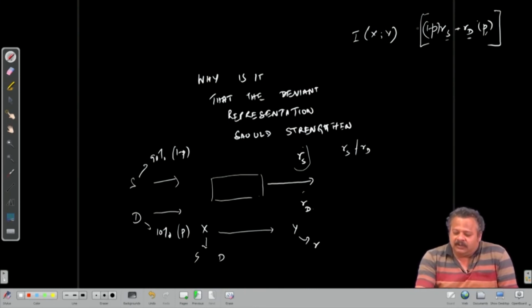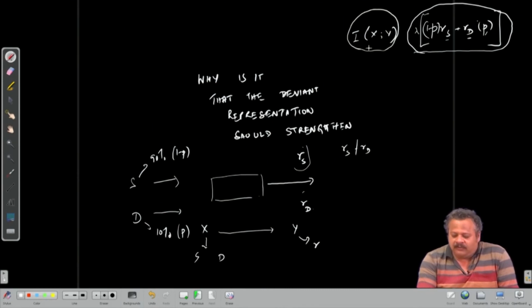And of course, we need a normalization factor between the two. We can put in a lambda, and so we want minimal amount of rate and maximum amount of mutual information with a monotonic change in Rs and Rd. So, with a minus sign, we want to minimize this and maximize this.